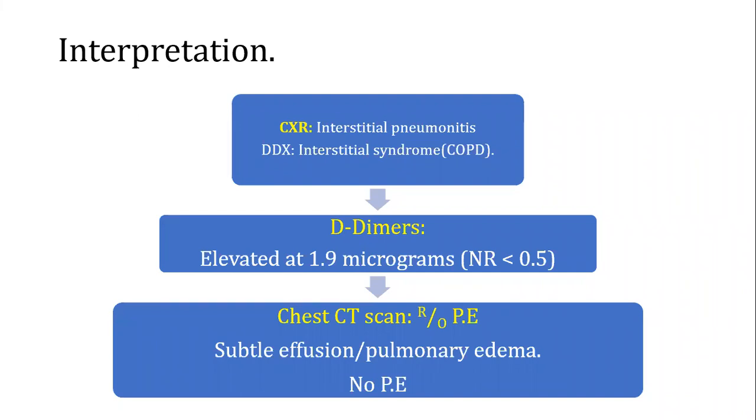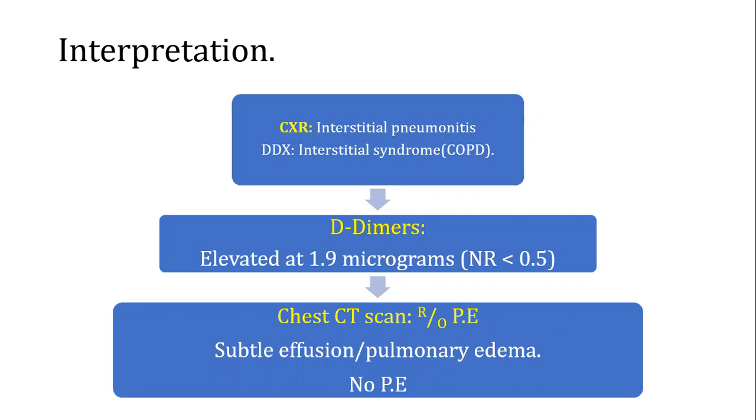But we were not contented with these findings. So the physician sends for D-dimers, and they were found to be elevated at 1.9 micrograms. The normal is supposed to be less than 0.5. Now, in most cases, when you find the D-dimers elevated, very many people will think of pulmonary embolism or some blood clot somewhere.